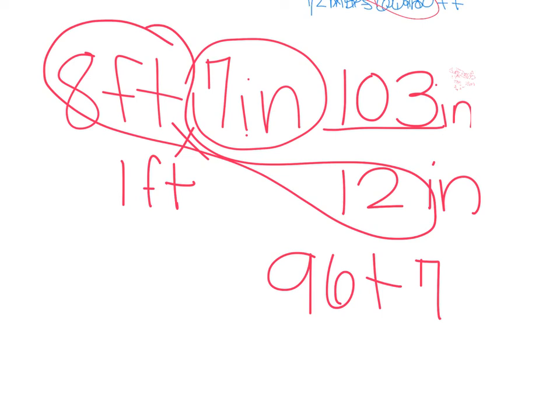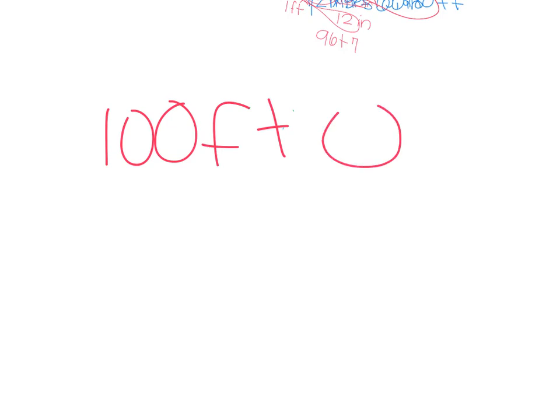All right, now we're going to step it up just a little bit more, and we're going to look at comparing. I have 100 feet, and I'm going to compare that. I'm going to put my comparison symbol there, and I am going to compare that to 3 yards.